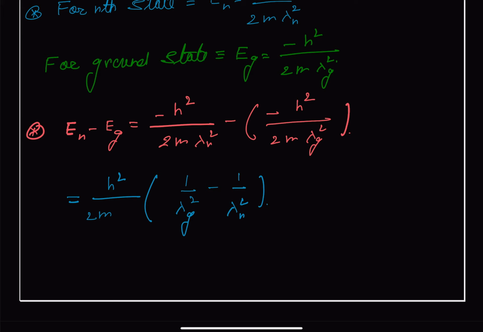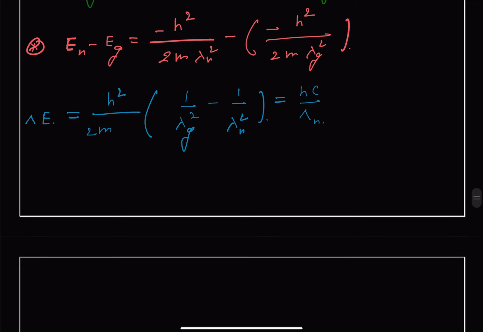And this difference, let us suppose, is represented as delta of E, and this delta of E can be written as hc upon delta, where delta is represented as the reverse A, the representation of delta in this particular case, so accordingly we modify it, and this we can write as delta of n. And now we can just solve it.